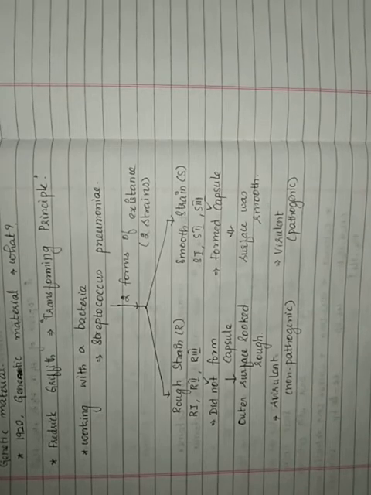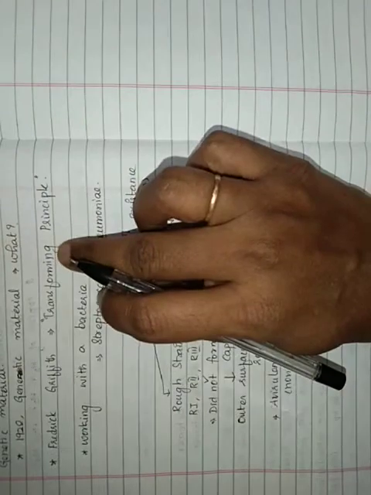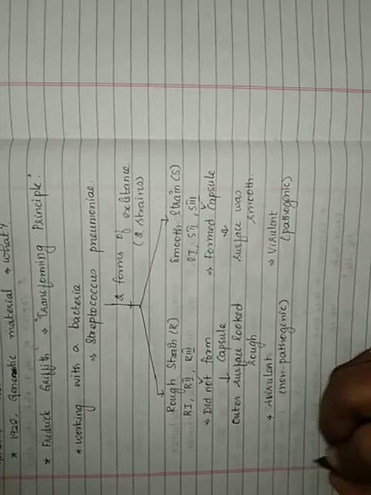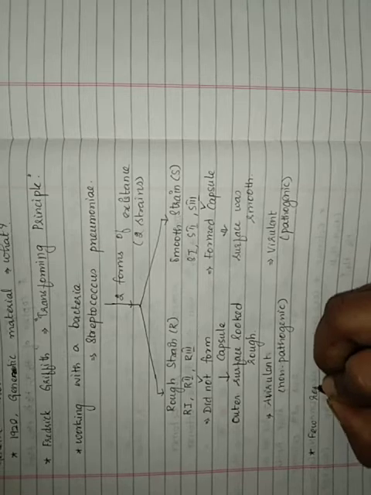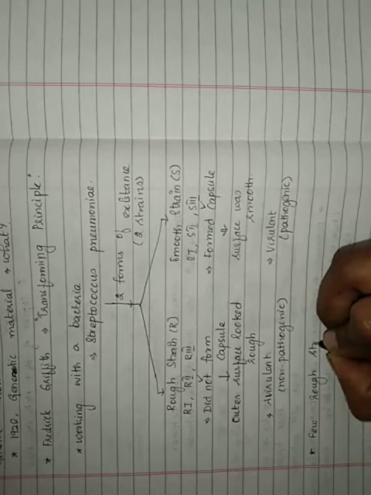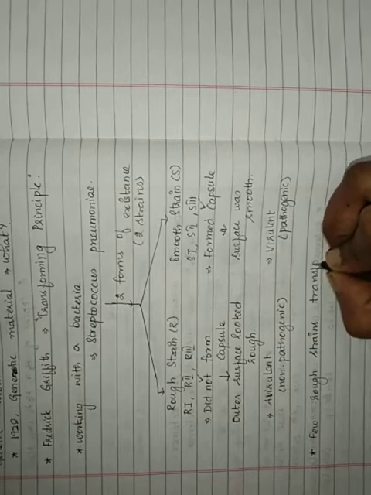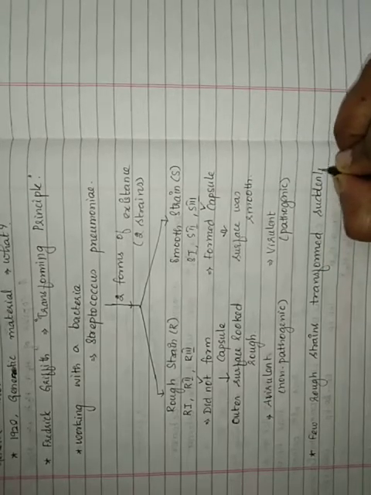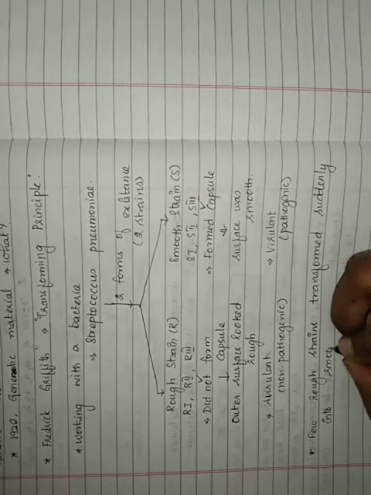And what made Griffith come to the name of the experiment, transforming principle? When he was working with these strains, he found that a few rough strains suddenly transformed into the smooth strains.